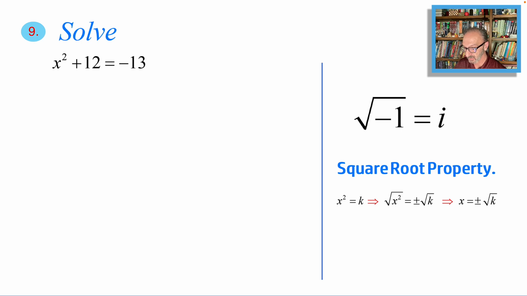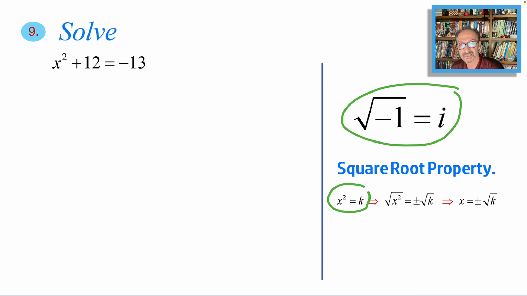We have x squared plus 12 equals -13. Since we have x squared and some numbers, I need to write it of this type, so I could use the square root property, but we're going to end up with a negative, so we need to keep this in mind. Square root of -1 is i, the imaginary number. So let's subtract 12 from both sides. The reason is we need to have x squared on the left by itself, as you could see right here.